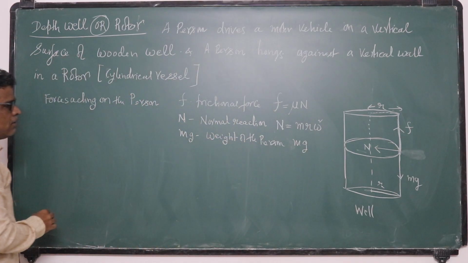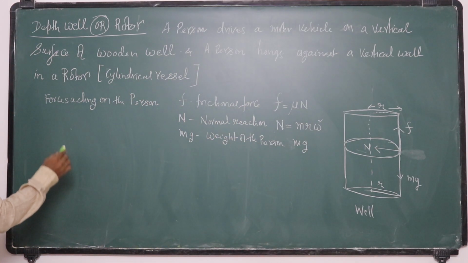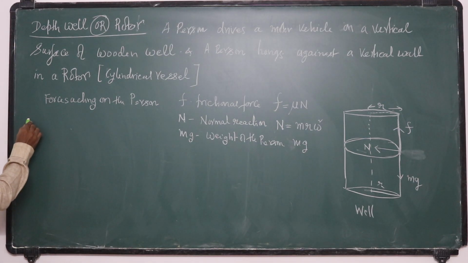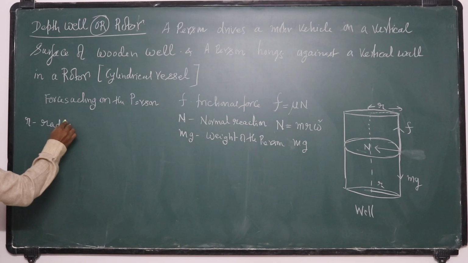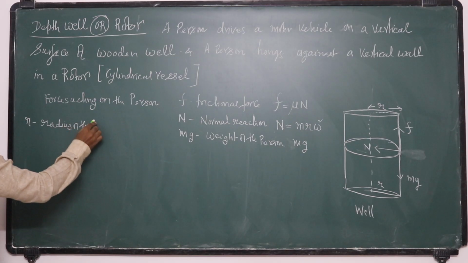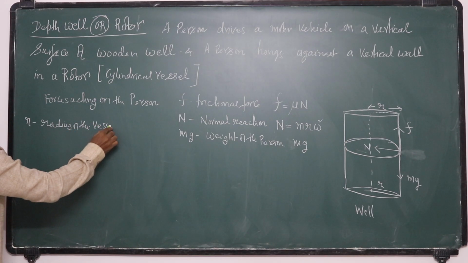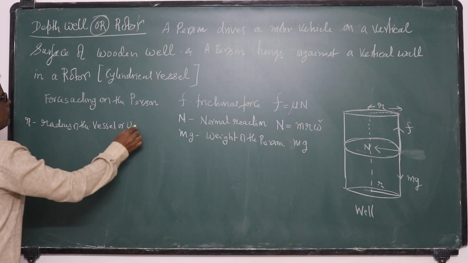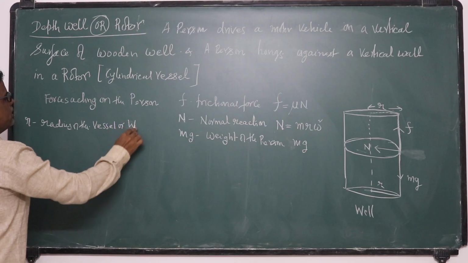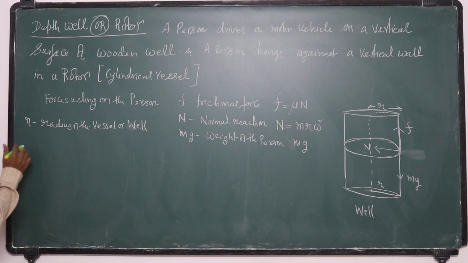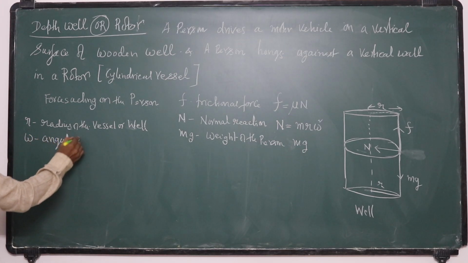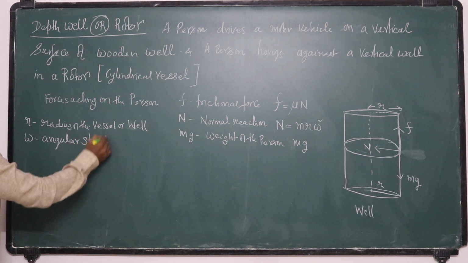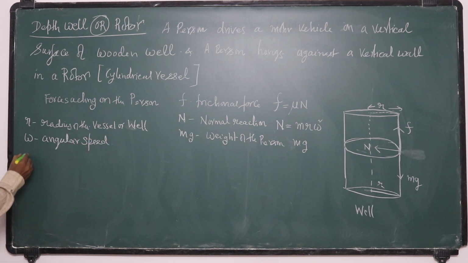So here, what is R? Radius of the cylindrical vessel, the radius of the well, and omega is the angular speed of the person. What is m?